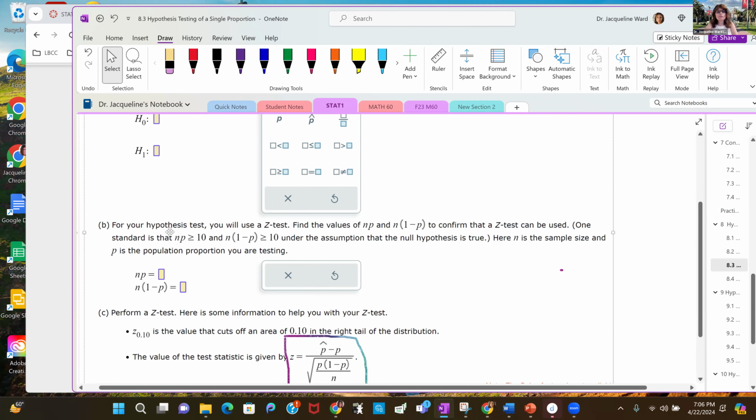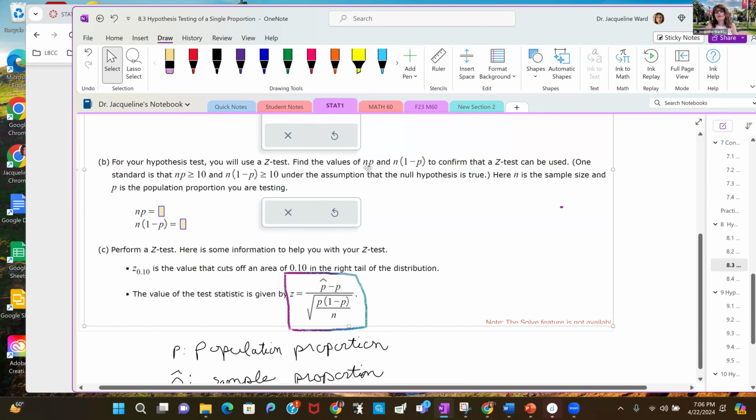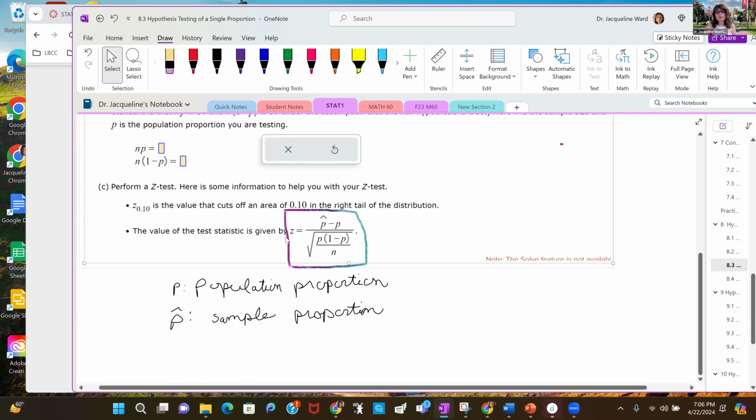We have to be careful that n times p and n times 1 minus p are both greater than or equal to 10 before we can use the z-test. So we just need kind of large enough numbers in both those categories. And then the formula for the test statistic is different.